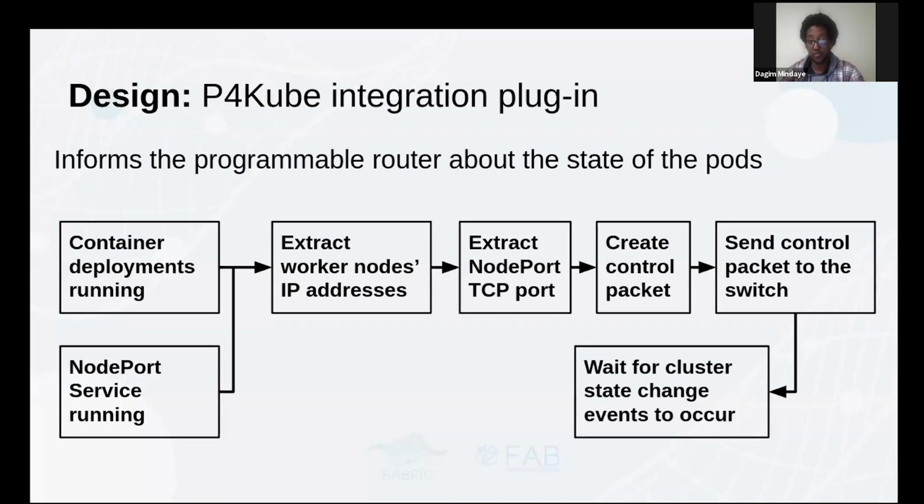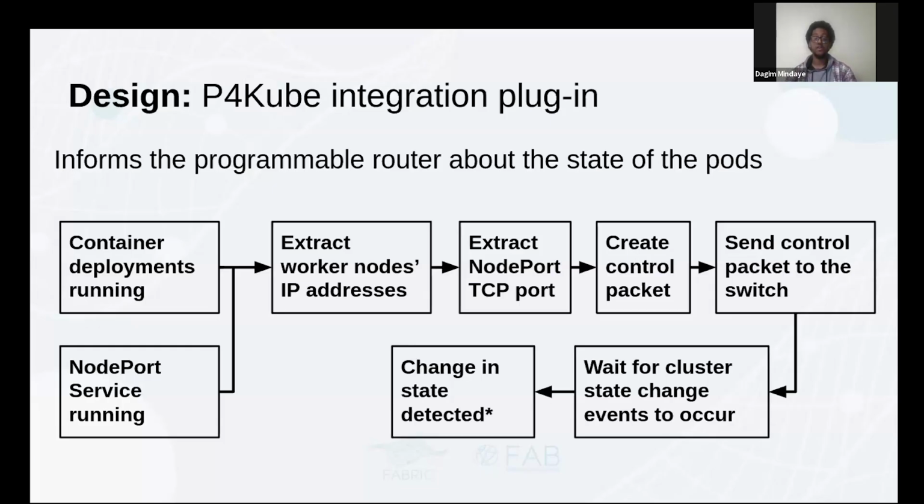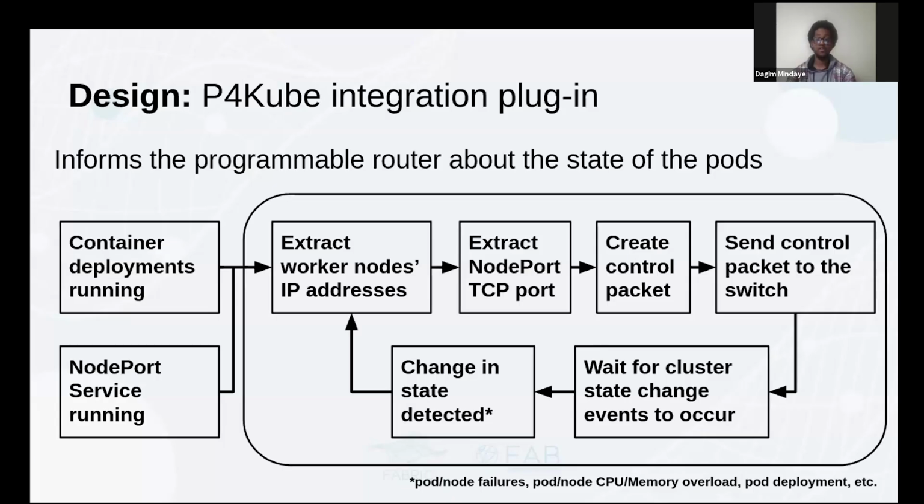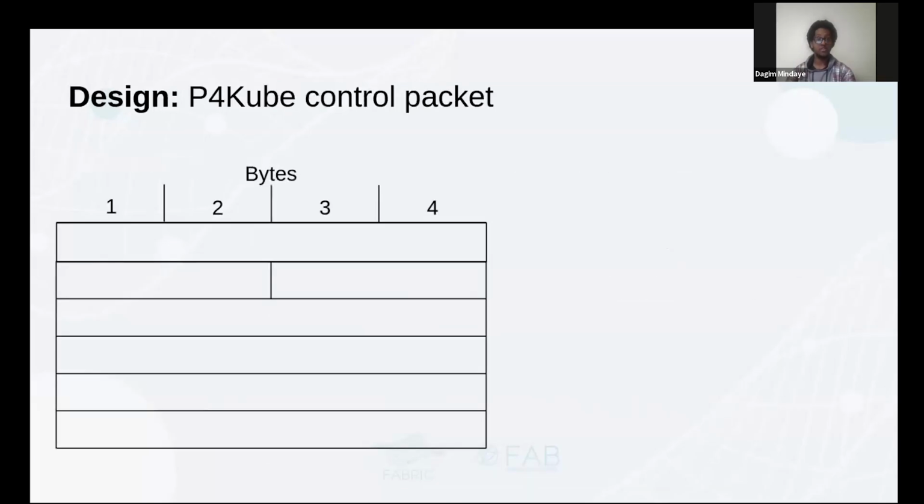But more than that, they also wait for the cluster's change events to occur, and if they detect any type of change, they do the whole thing again. The changes can be, as mentioned below, pod or node failure, CPU or memory overload, or even new pod deployments. Once they detect this, they do the whole thing again, and then they send the control packet to the switch.